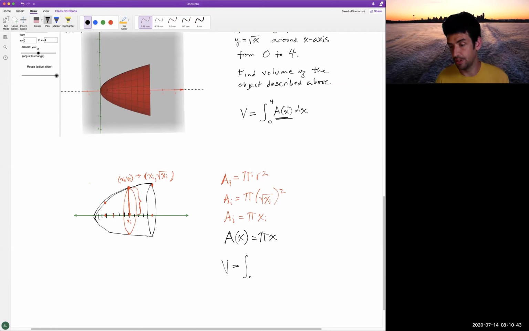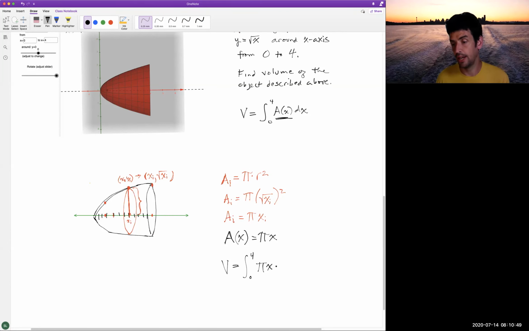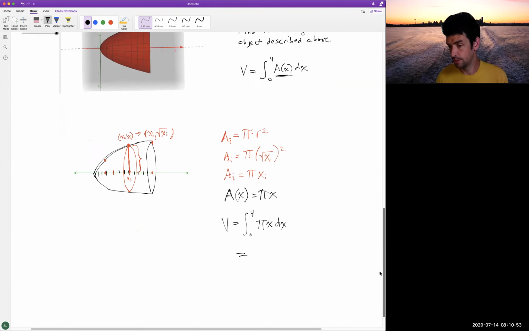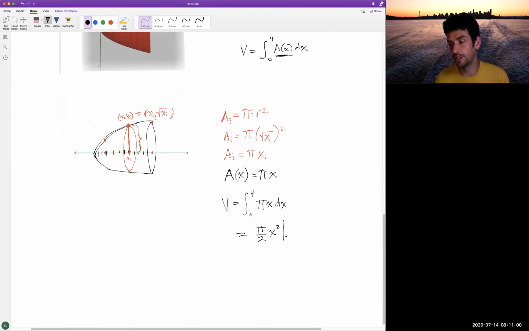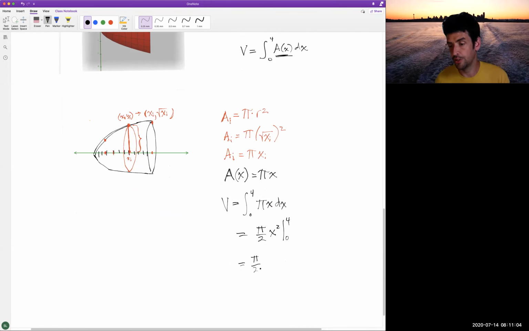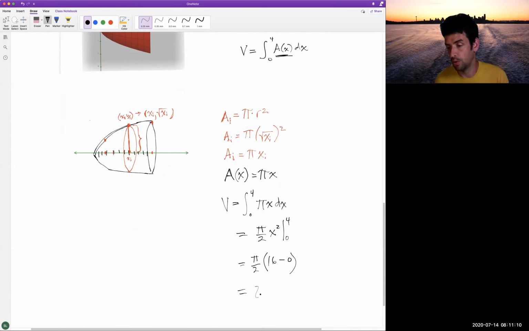My volume is the integral from 0 to 4 of A of x, which I now know to be pi x dx. This integral is relatively straightforward. We'll get pi over 2 x squared evaluated from 0 to 4, which is going to give me pi over 2 times 16 minus 0, or 8 pi.